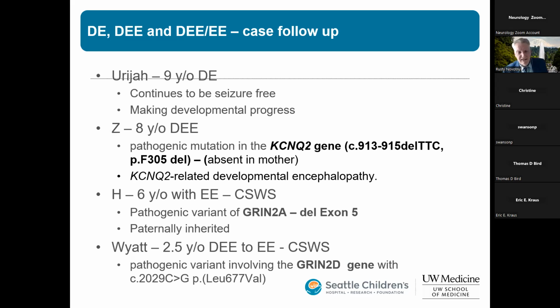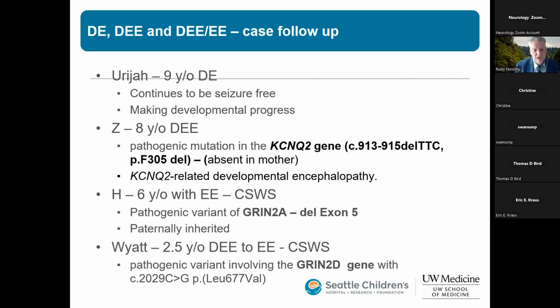The second case I showed you, who initially looked like a so-called benign Rolandic epilepsy evolving into a continuous spike wave or an epileptic encephalopathy, had a pathogenic variant of GRIN2A due to a deletion in exon 5, and it was actually paternally inherited because his father had it as well. He's relatively well controlled on anti-seizure medications at this point, but it still remains to be seen what his long-term outcome is going to be.